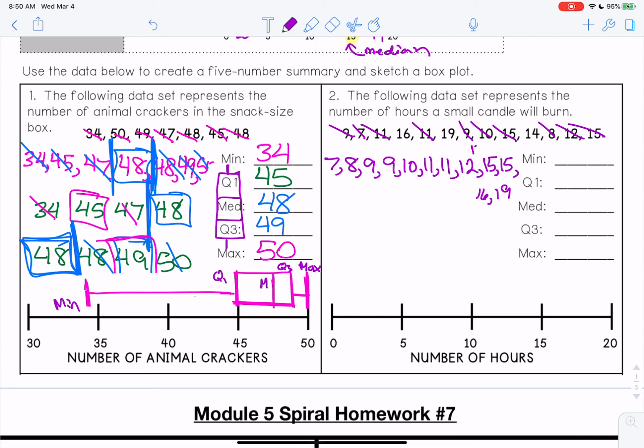Oops, and there's a 14 right here. Gotta be careful with these little guys. Okay, so then we can see that 7 is the min and 19 is the max.